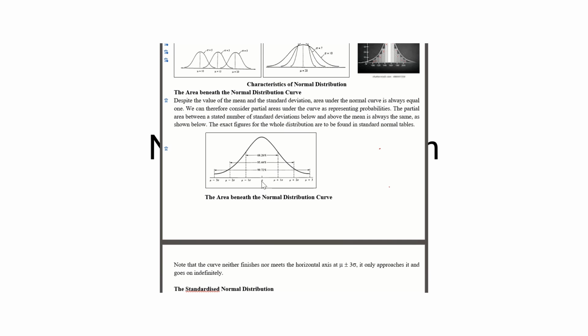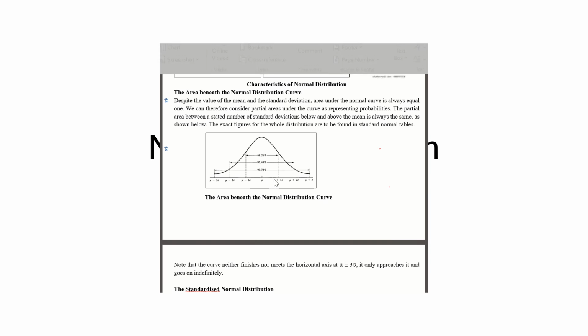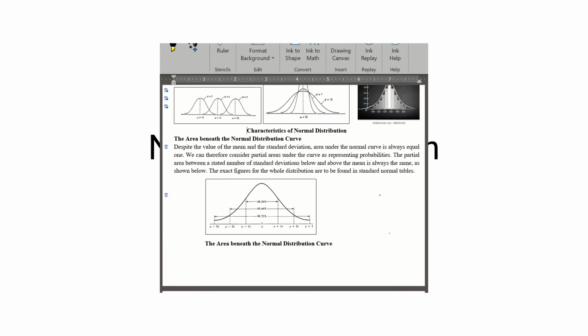So when you have any value or any score that is one standard deviation below the mean or above the mean, then in that situation you have 68.26% of the scores of students falling within this range.